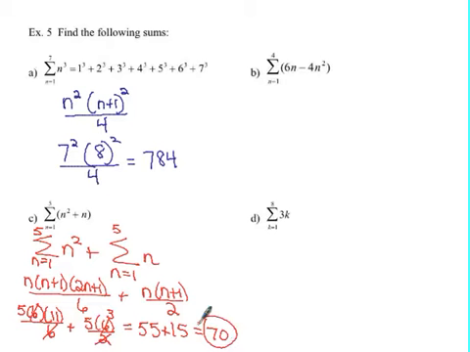All right, try letter D on your own. Summation, k runs from 1 to 8 of 3k.